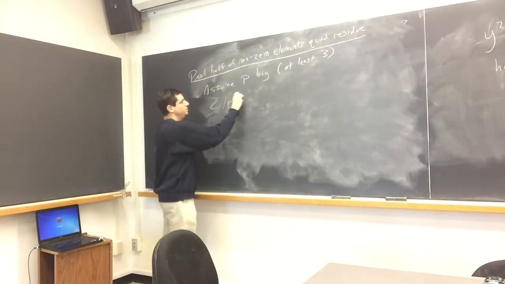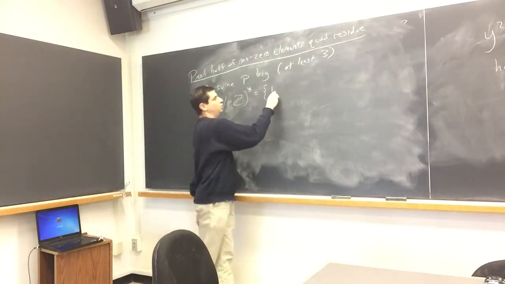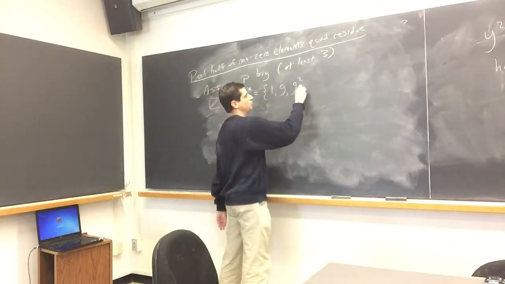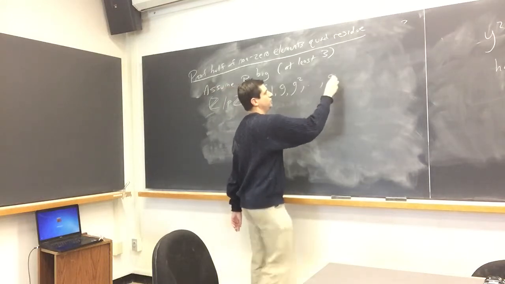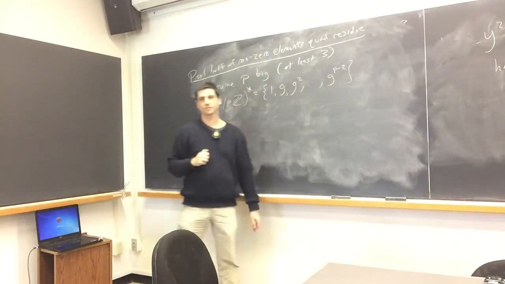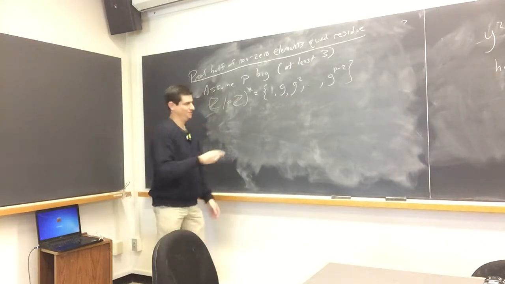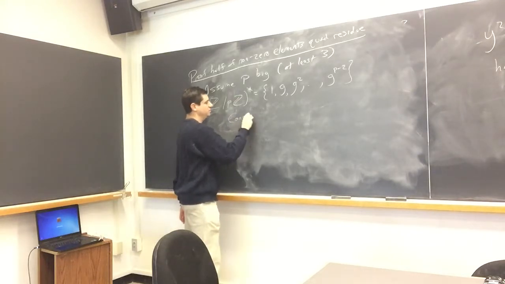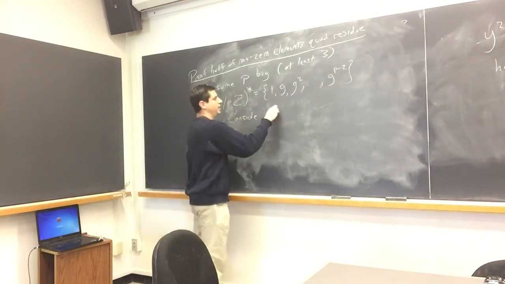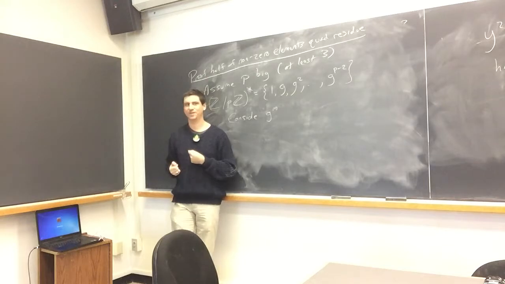Z mod pZ star we know is cyclic. It's 1, g, g squared, up to g to the p minus 2. We're trying to show a number has a square root mod p. So consider g to the m, which is an arbitrary element. What are the two possible cases on m? Odd or even.